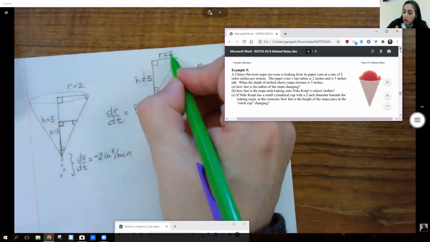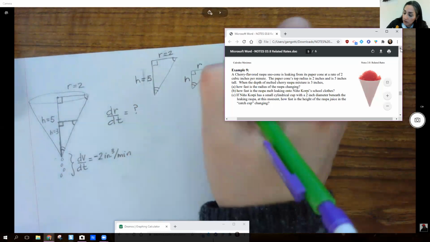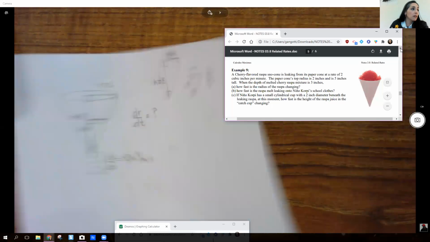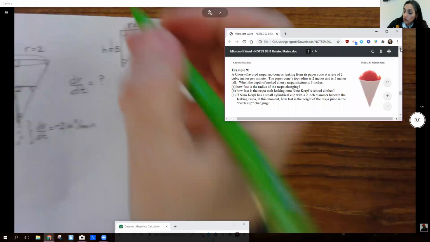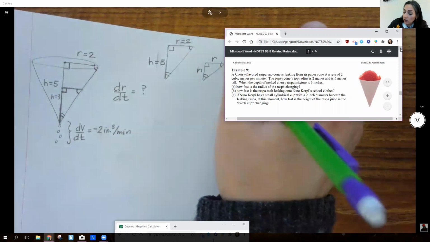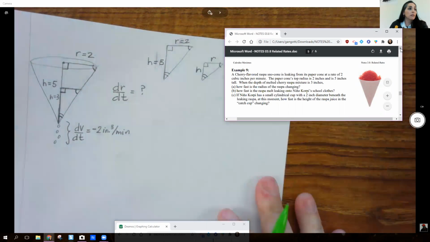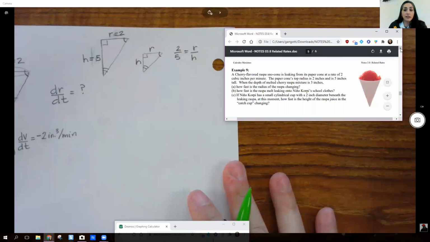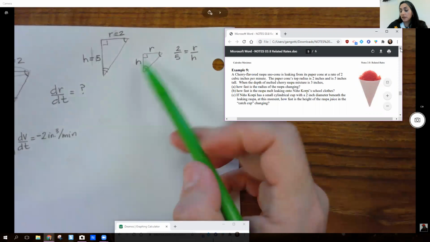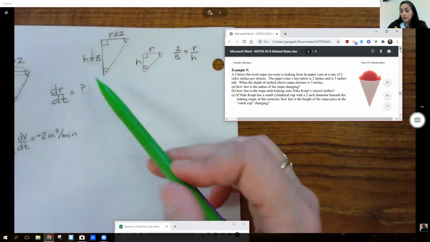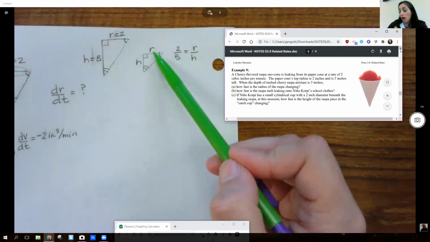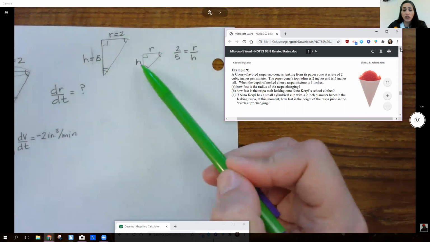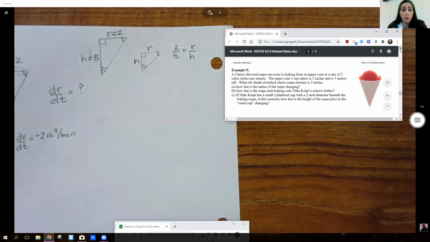So 2 over 5 has to equal R over H every single time because they're similar to each other. Or you could say 2 over R equals 5 over H. You can do this any way you want to, just as long as you go the same direction every time.